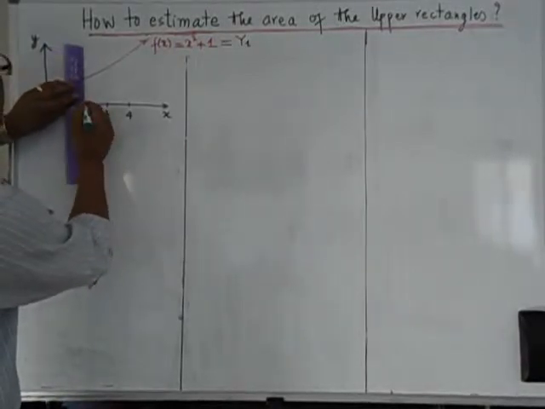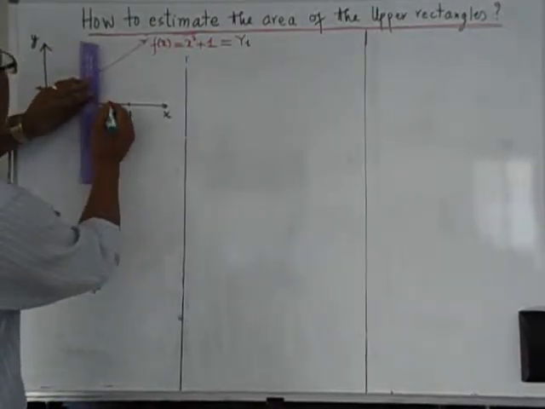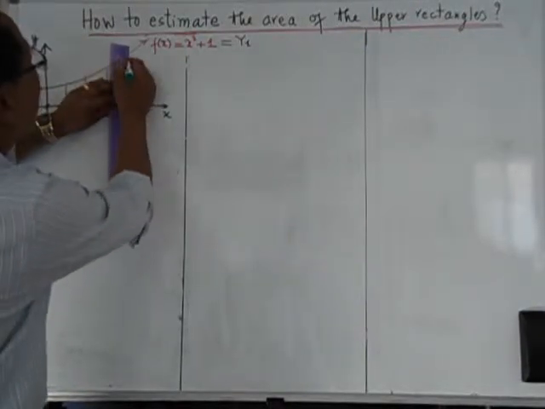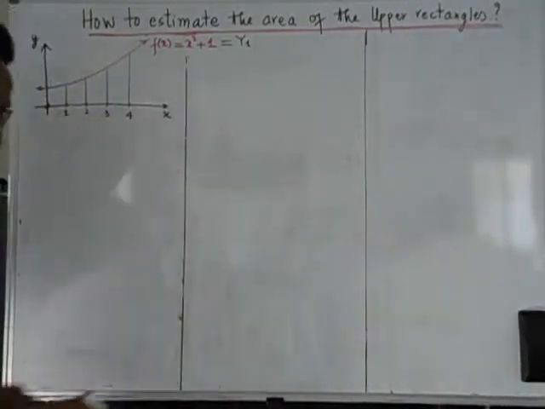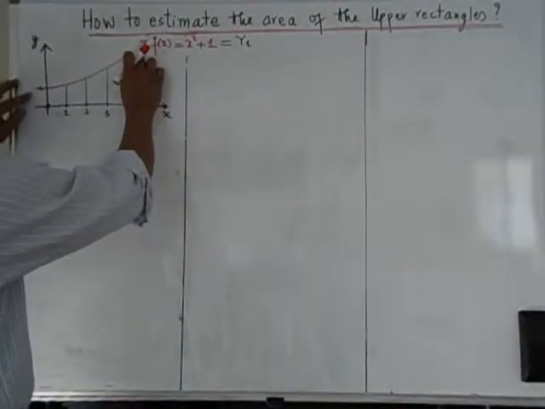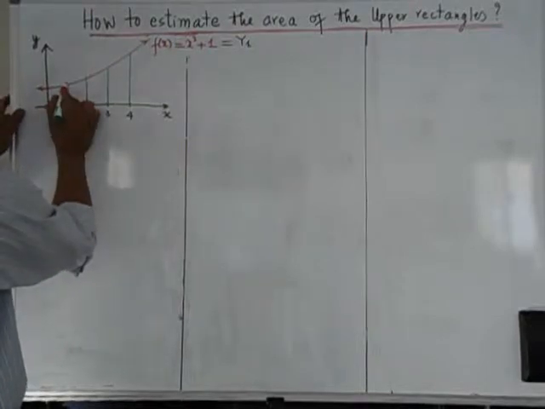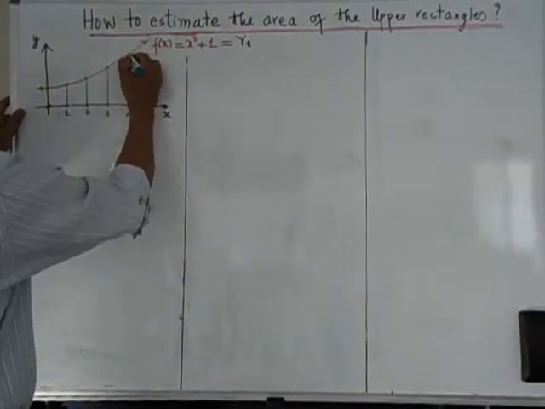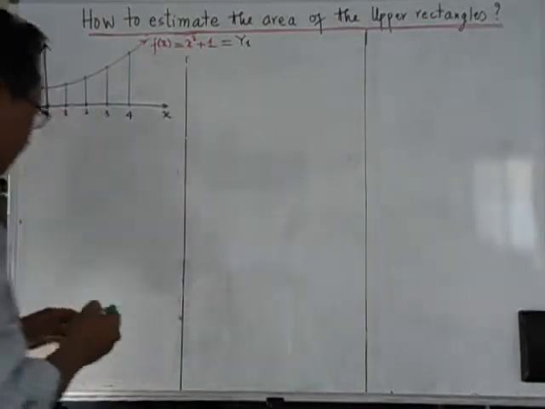We draw the line segments, and they all intersect the curve of the main function at these 4 points.